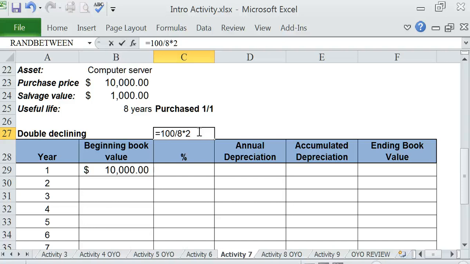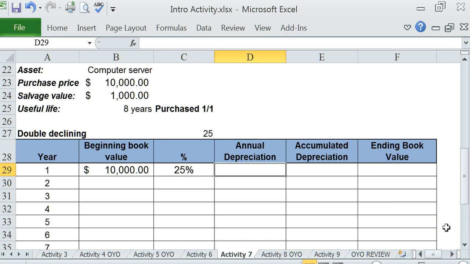Divide it by the number of years in the useful life. So in this case, divide it by 8. And then you multiply by 2. And this is why sometimes it's called double declining. So we're going to double that number. The answer we'll get is 25%. So I'm going to put in here 0.25 to signify 25%.